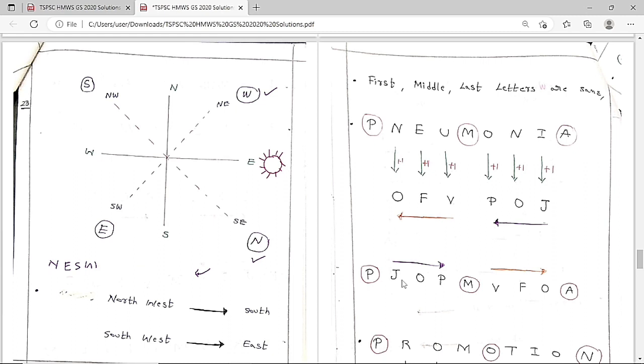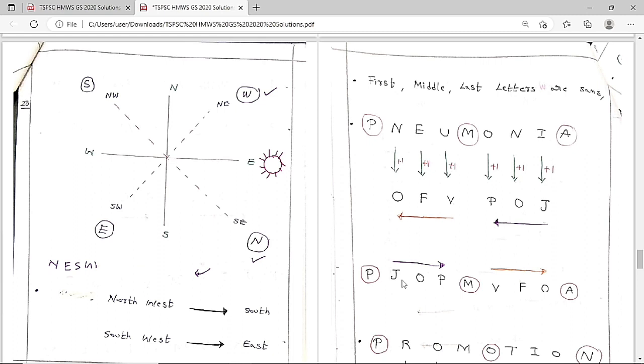So now I will write in the reverse fashion. This is the arrow I have written with the blue and this is the red. In this fashion I am going to write JOP. Here VFO, I'll write in the reverse, VFO.